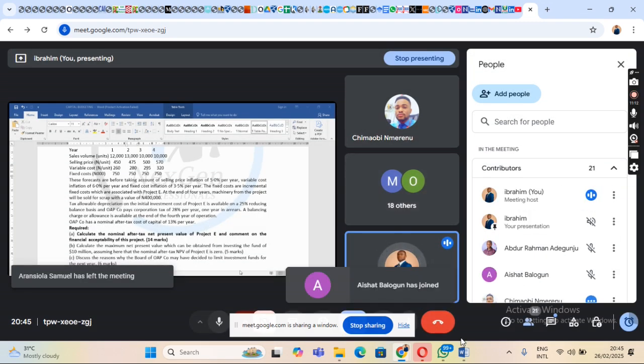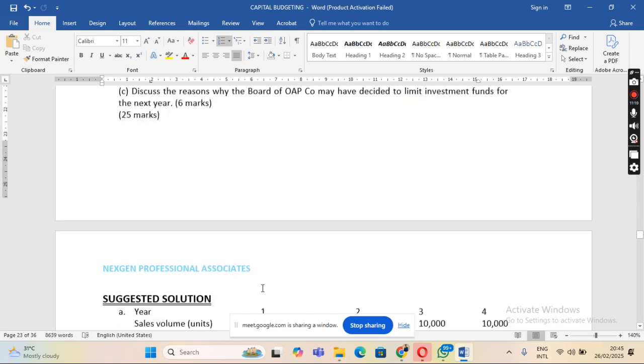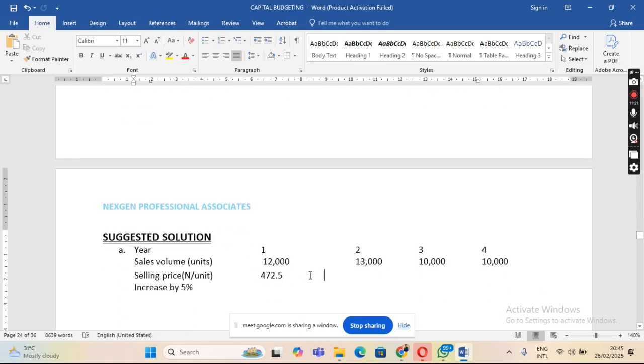Someone should also confirm that. 498.75. Let's just round it up so that we can move ahead. Please, someone should confirm this figure.